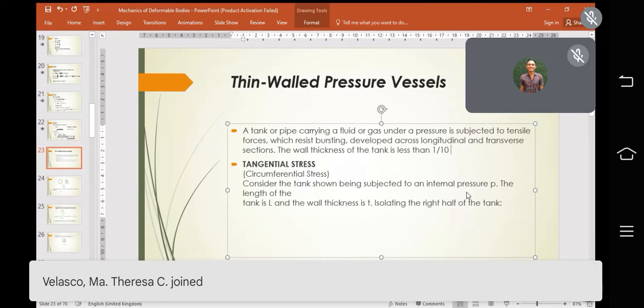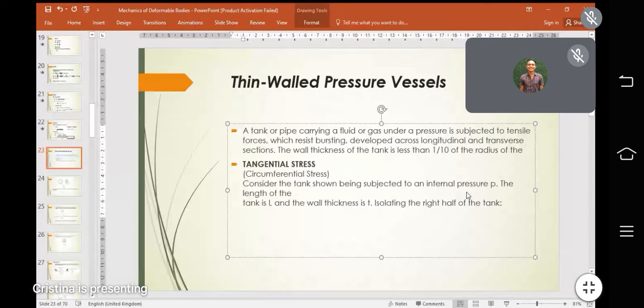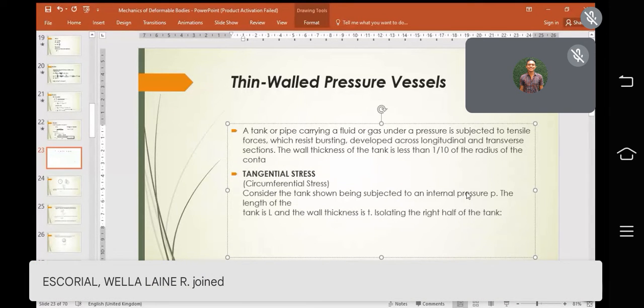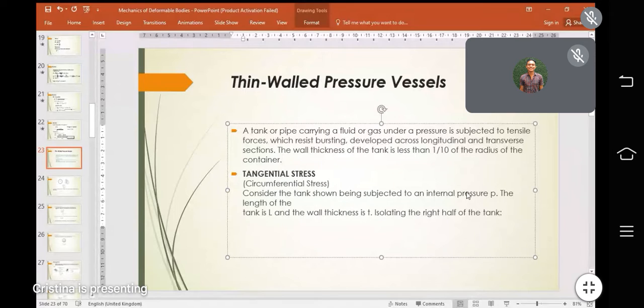So always bear that in mind. When solving thin-walled pressure vessels, let's always check first if we are solving a thin-walled pressure vessel itself. Maybe it is not thin-walled. So check if the wall thickness of the tank is less than 1/10 of the radius of the container, if you are given the radius.